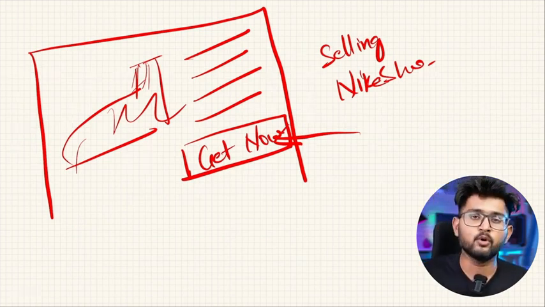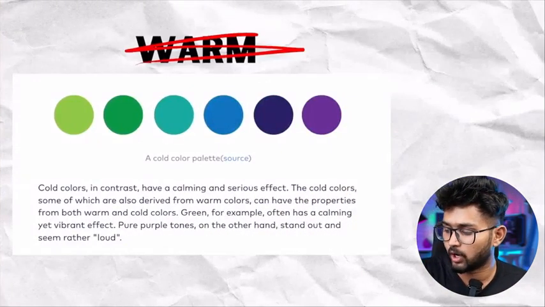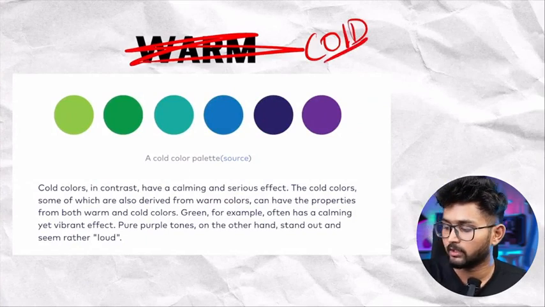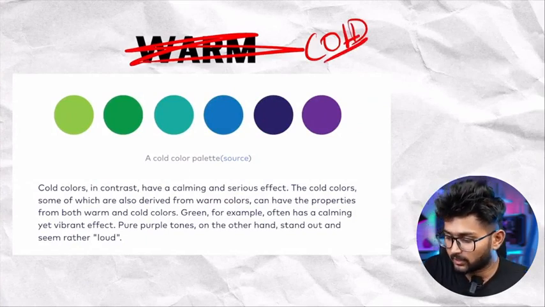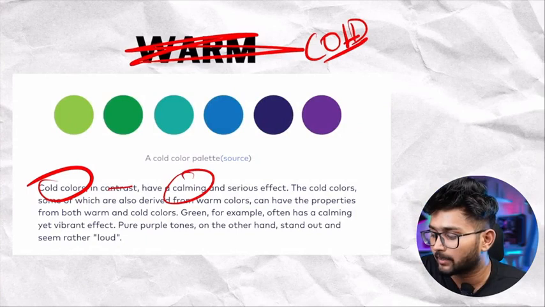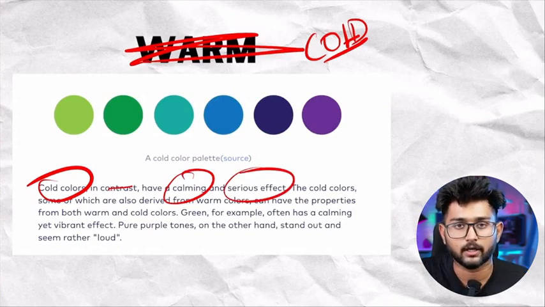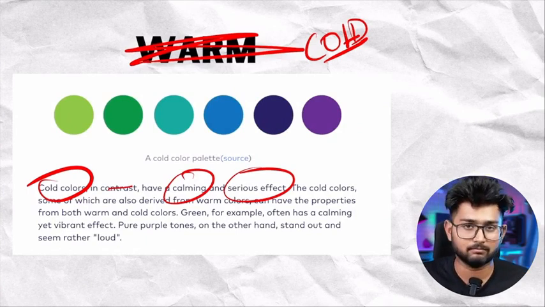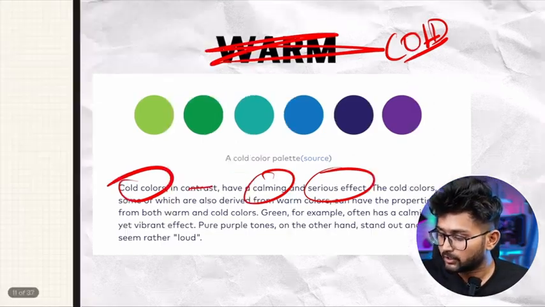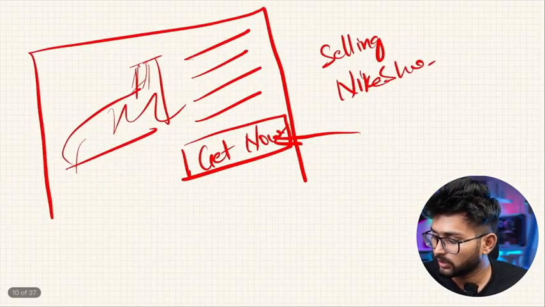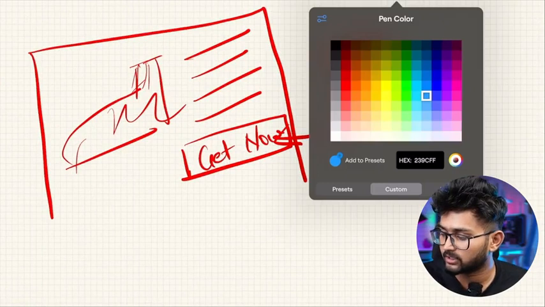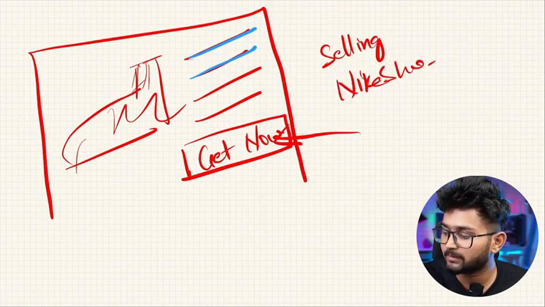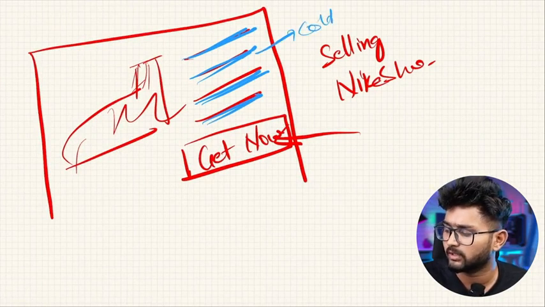Got it? And now moving on, let's go to the colder colors. This is warm written over here, but this is actually cold, right? So these colder colors, in contrast, have a calming and serious effect. Got it? So coming back to the same example, whenever you are mentioning some key highlight points over here, try to make them in colder colors, right?